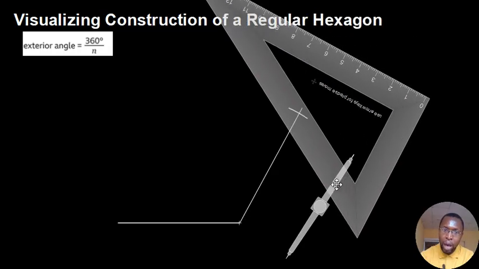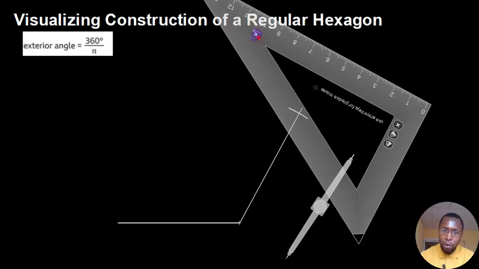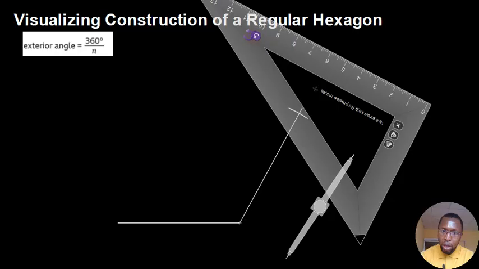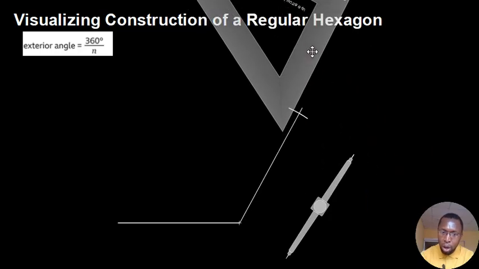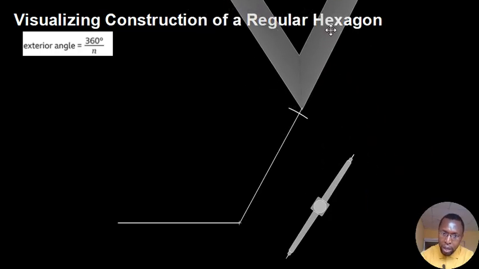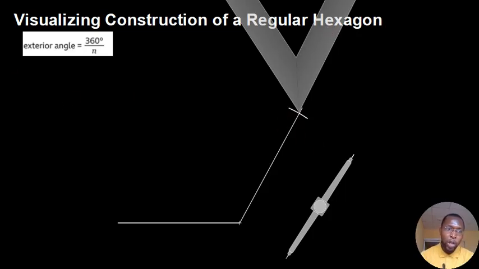Okay, so let me adjust it again for equality. Okay, and then I'll bring it up. So I'm placing it at this point where I marked it, where I made an arc. So this point here. Then I get my pencil again and I will draw it.